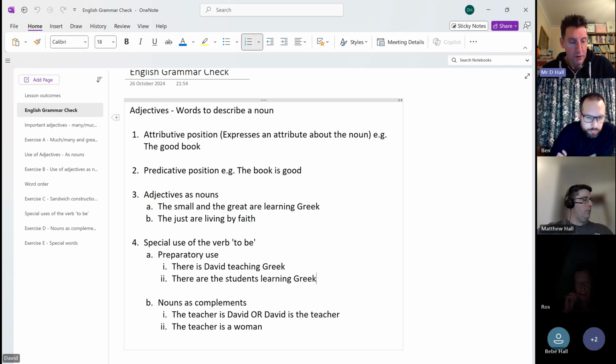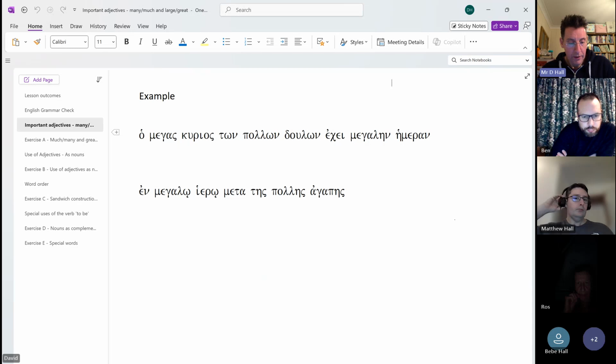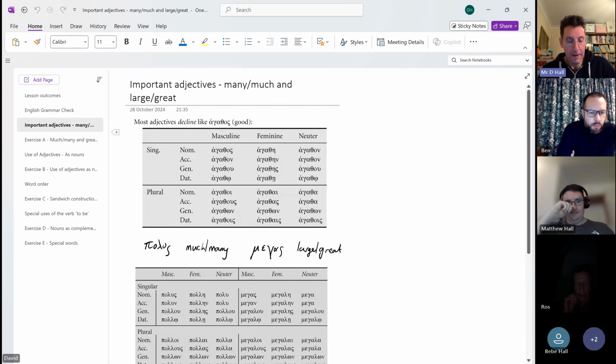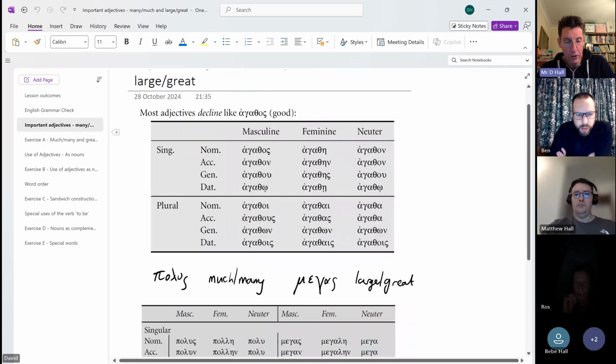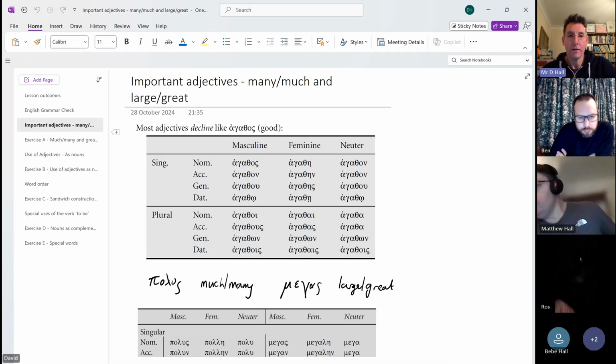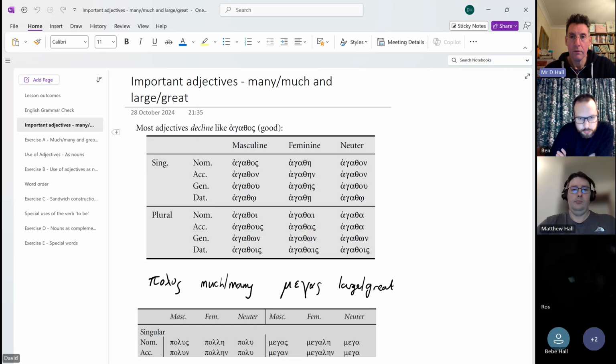So if we take a look at the Greek, if we remember that, let's come back up to here. We had a little chart, as we love to have in Greek, as you're beginning to realize that there are lots of different ways to write the same word, and it's all about where it functions in the sentence. So is it the subject or is it the object? Is it describing something about the object or the subject?